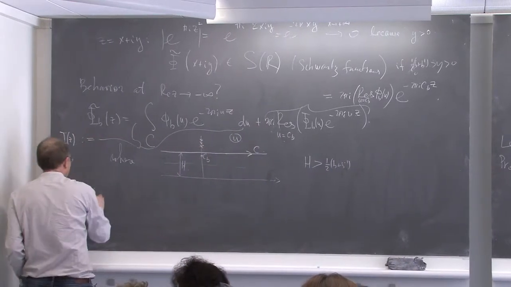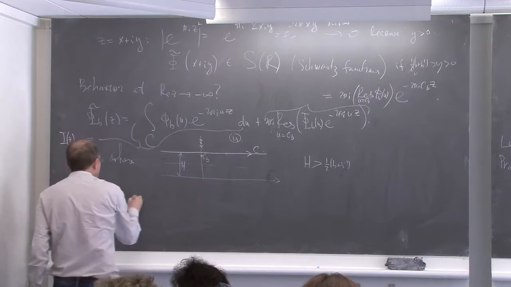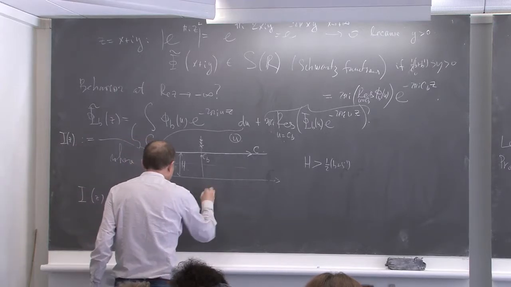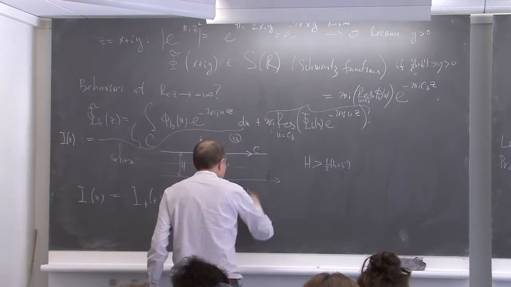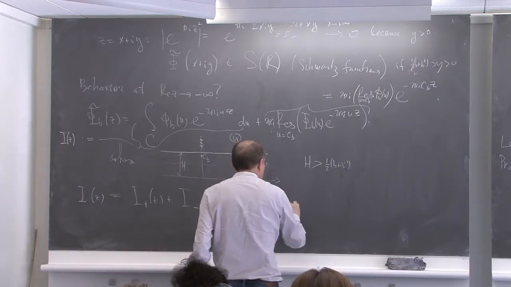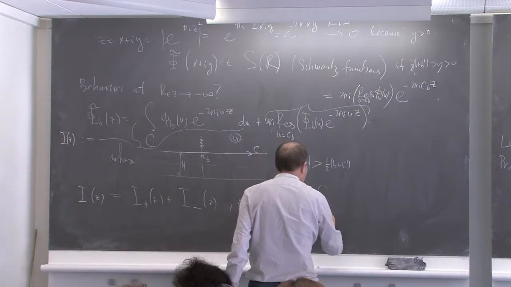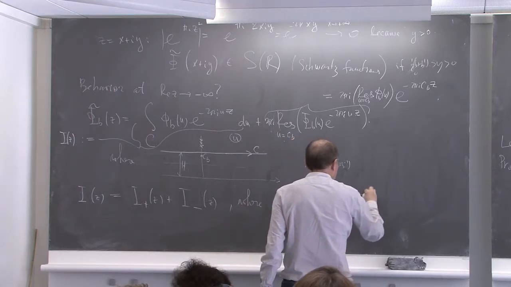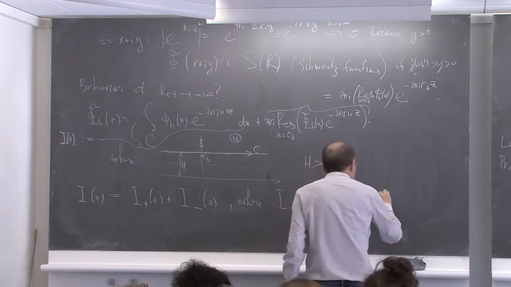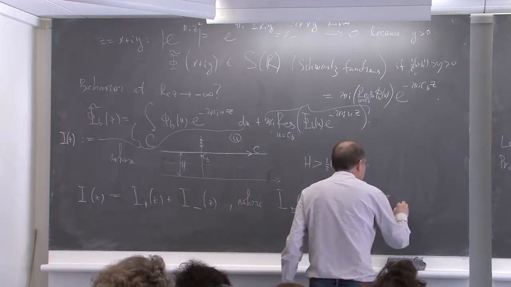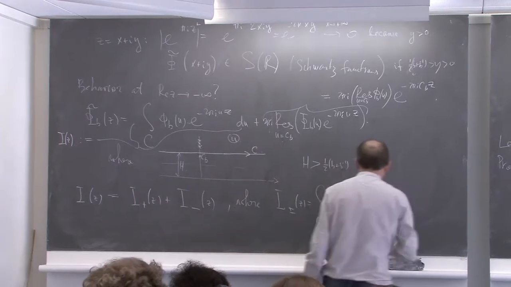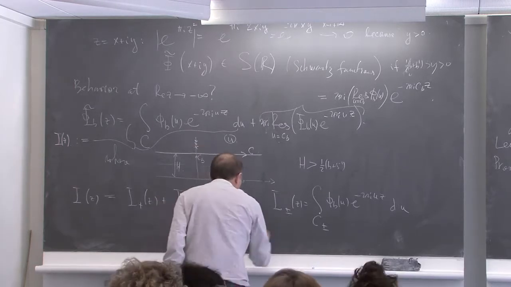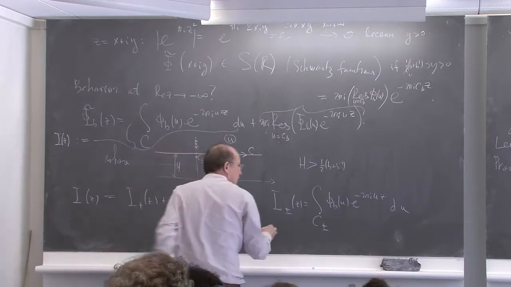So I of z, I write it as I plus of z plus I minus of z, where I plus minus of z equals the integral over c plus minus of phi_b of u e to the minus 2 pi i u z du.